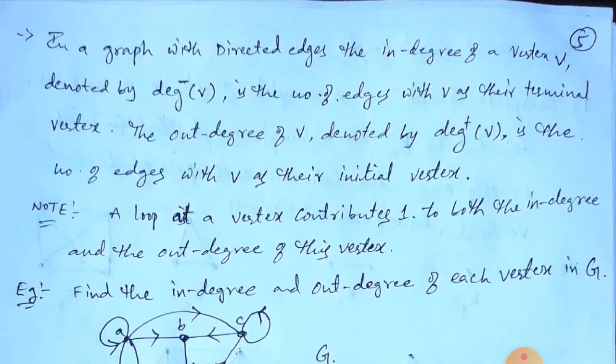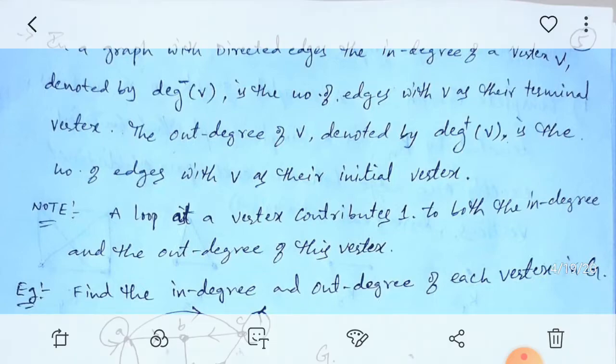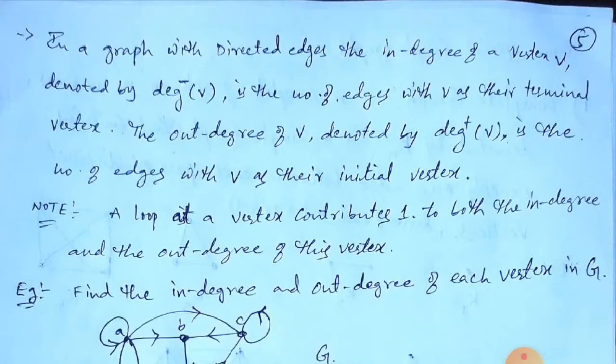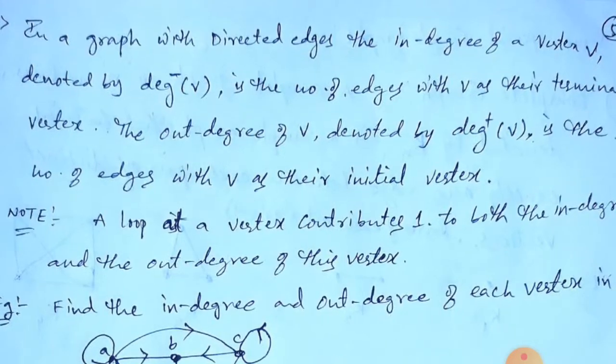In a graph with directed edges, the in degree of a vertex v, denoted by degree minus of v, is the number of edges with v as their terminal vertex. The out degree of v, denoted by degree plus of v, is the number of edges with v as their initial vertex. That is called the out degree.